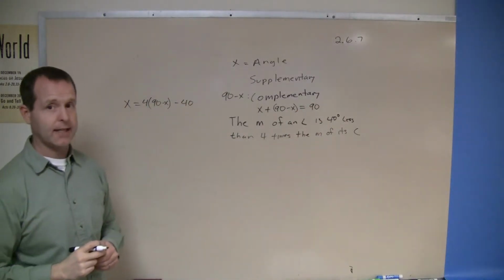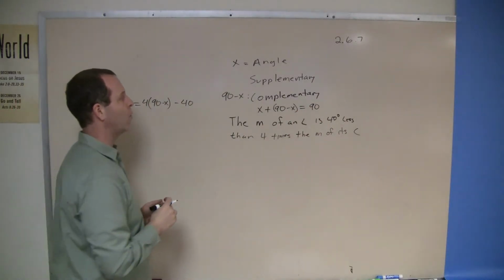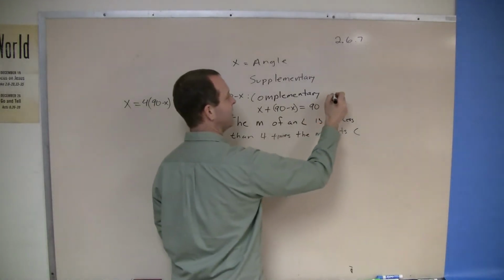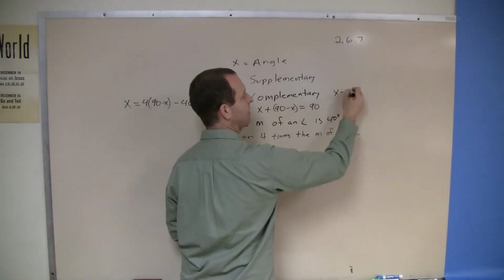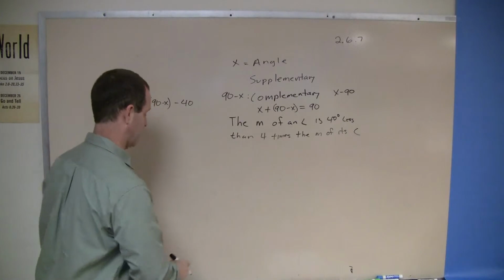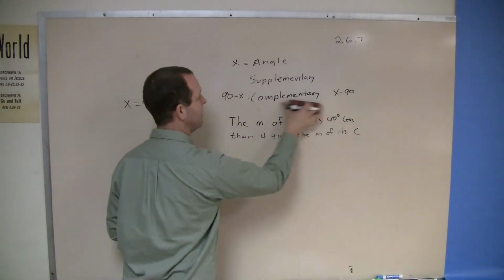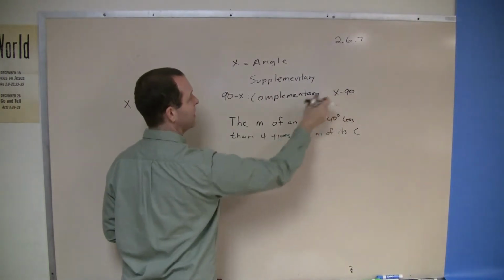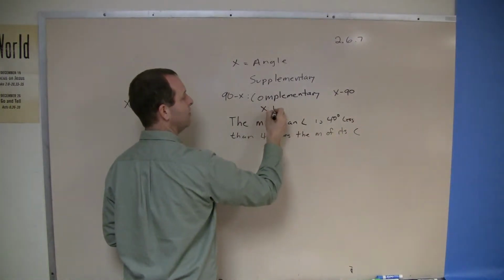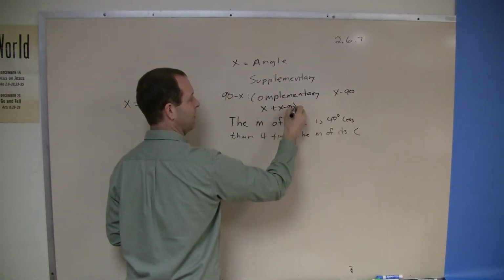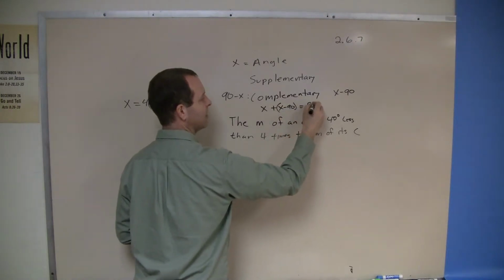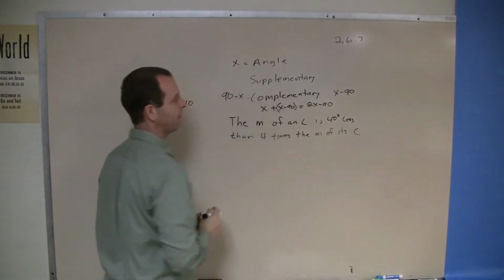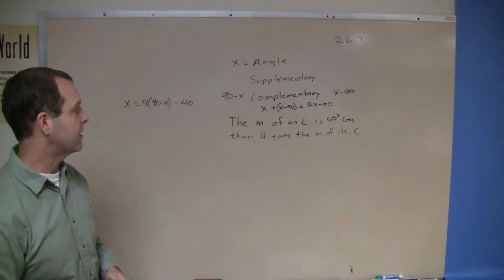And that is the case. Sometimes we will want to write it as x minus 90, but that's not the case. Because if I were to add the angle and its complement written as x plus x minus 90, I'm going to get 2x minus 90. And that doesn't equal 90 degrees.